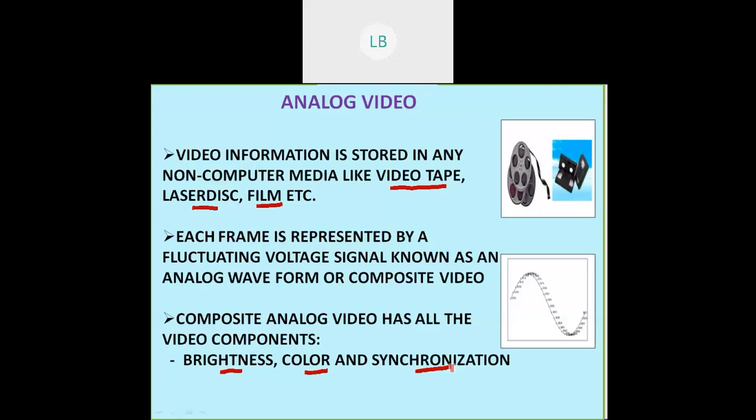They are combined into one signal for delivery, for example, traditional television. Due to the combining of the video components, the quality of the composite video resulted in color blending, low clarity, and high generational loss.